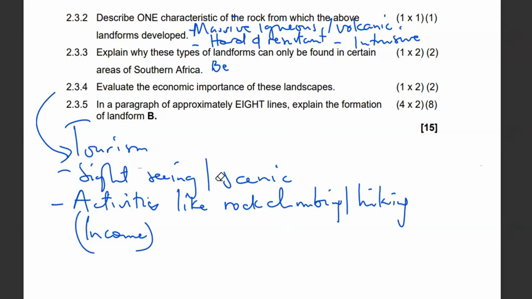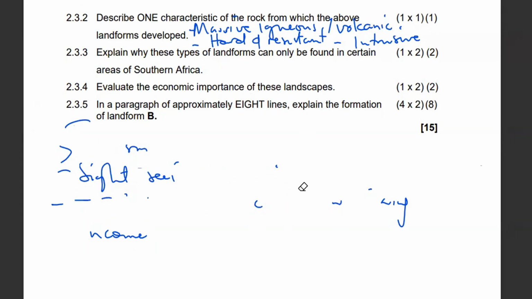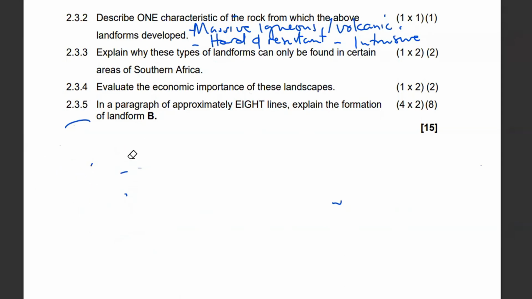Right, then the last question, it says, in a paragraph of mostly 8 lines, explain the formation of landform B. Explain the formation of granitic tors. How do they form? I'll try to simplify the formational process. Number one, for them to form, there is intrusive volcanicity.